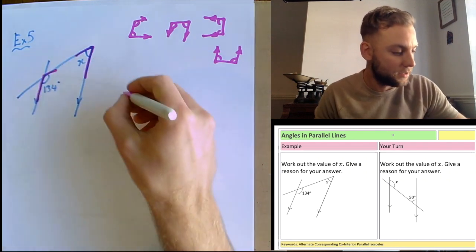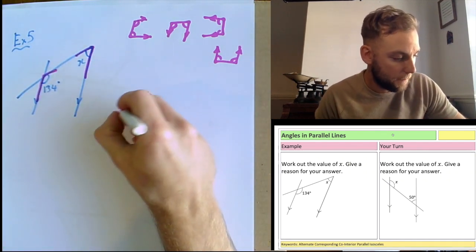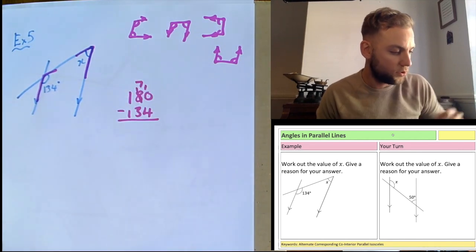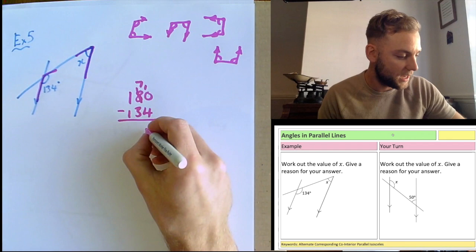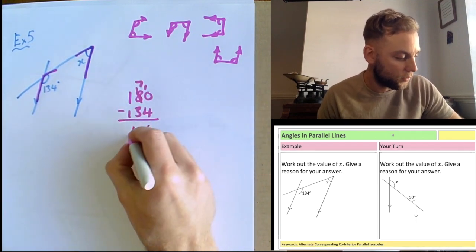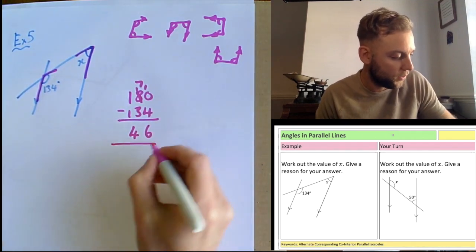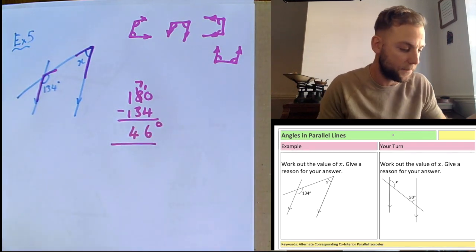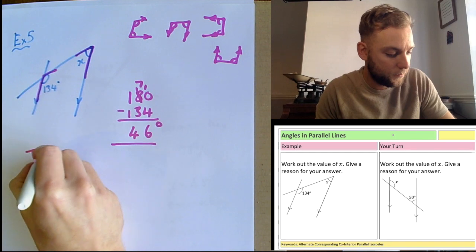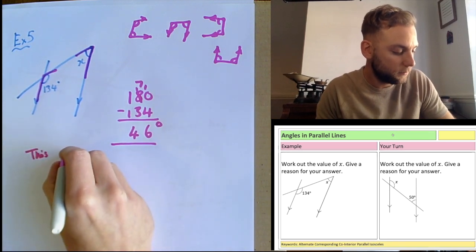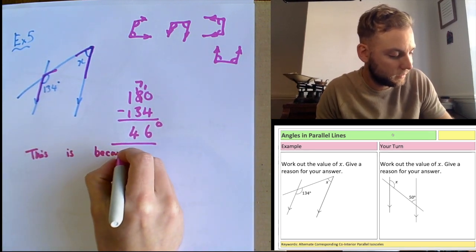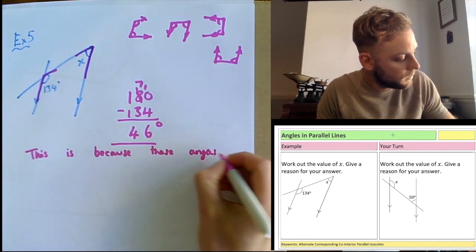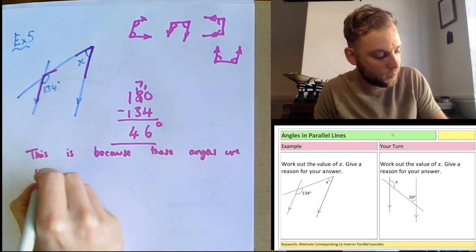So I need to do 180 minus 134. Can't do 0 take away 4, so we have to borrow. So 10 take away 4 is 6, 7 take away 3 is 4, and 1 take away 1 is nothing. So I'm just left with 46. Now notice it does say give a reason for the answer, and this is because these angles are co-interior.